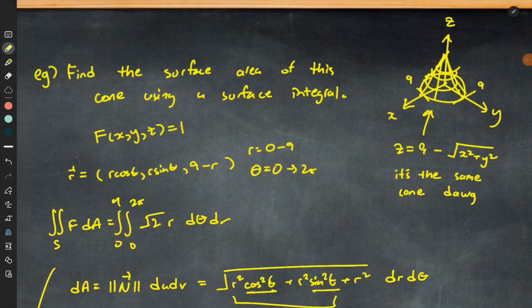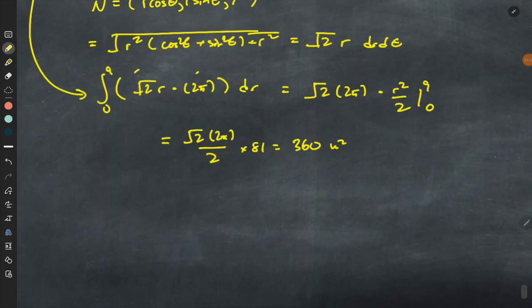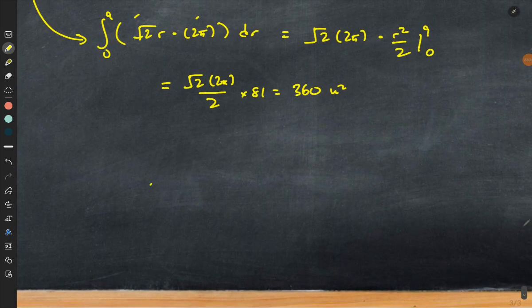Now, to confirm whether this answer is right, I'm going to use the theorem of Pappus. Basically, I'm just going to revolve a straight line like this about the z-axis.